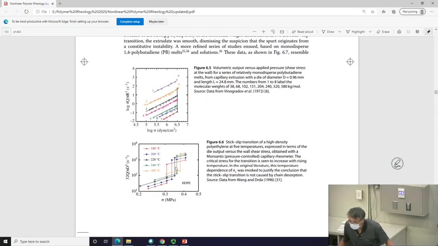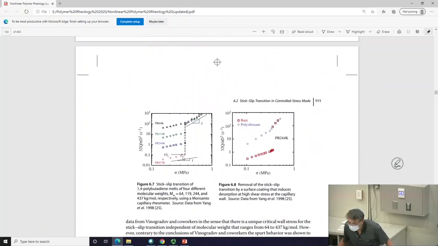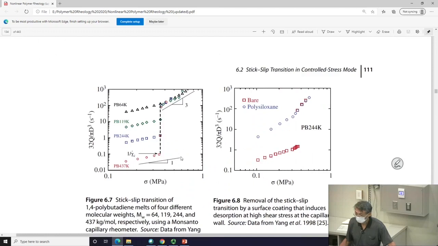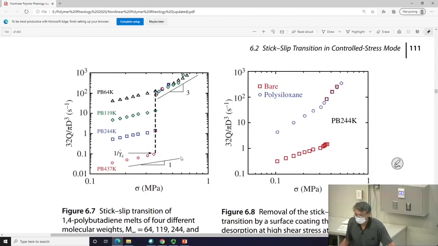So this is polyethylene. We have this result. I just want to show you, look at this. How many orders of magnitude jump? 10,000. This is a 10,000 times jump. All it takes is for you to get out of a high molecular weight.